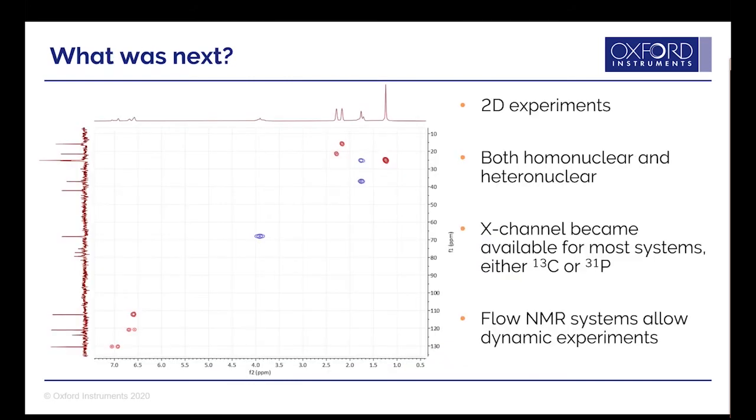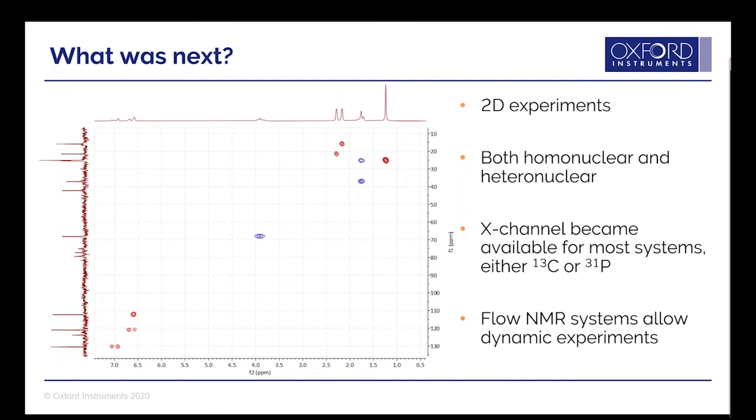But then the technology started to develop, and we started to add in things like two-dimensional experiments, both homonuclear and heteronuclear, so you start to be able to pick out some of the information that was hidden by those overlaps. And then you started to add things like an X channel for most systems, whether that was a 13 carbon or a 31 phosphorus. So you can start to look at heteronuclear correlation experiments like this multiplicity-edited HSQC on the left here.